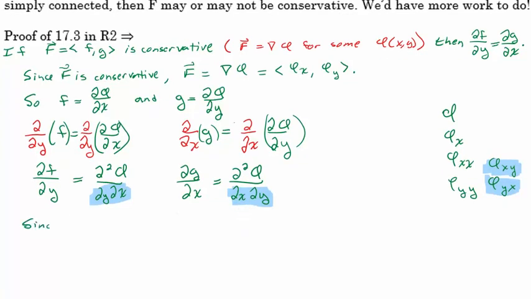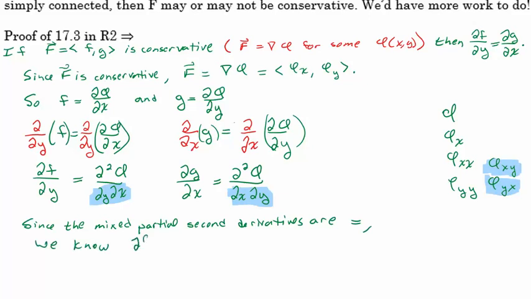So since the mixed partial second derivatives are equal, we know then that partial f, partial y has to equal partial g, partial x.